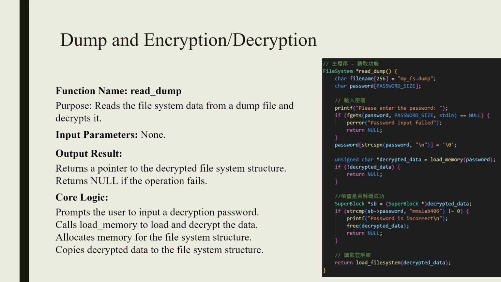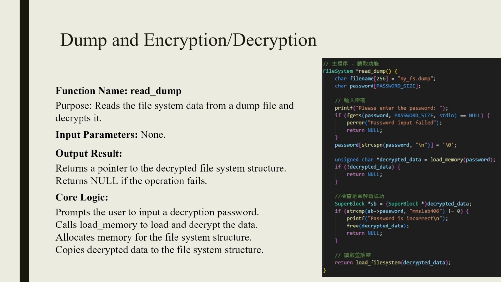Next, it will call the load memory part, which will load and decrypt the dump file's content using the password, and otherwise it will return null if the file cannot be loaded. The next part allocates the memory for the file system.